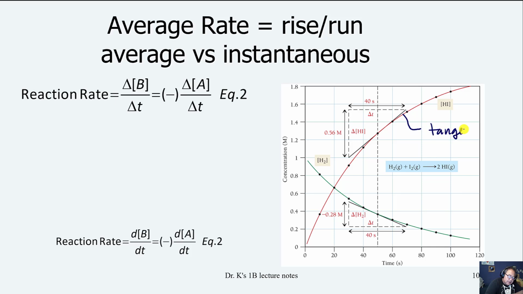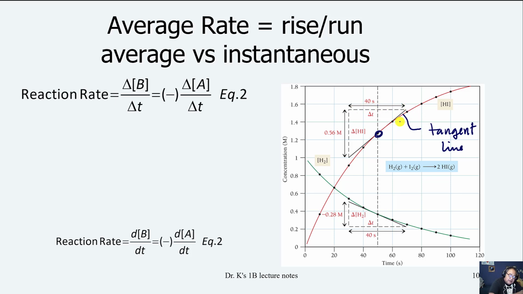This is from your book. And on the curve to this point, because this is where they wanted to measure the instantaneous rate of the reaction, and then they measured the rise and the run, right?